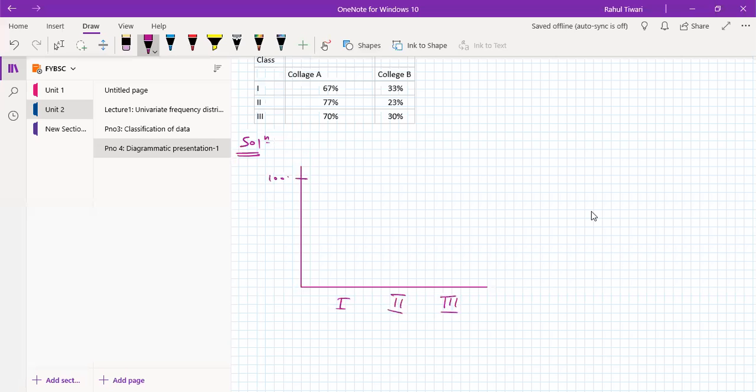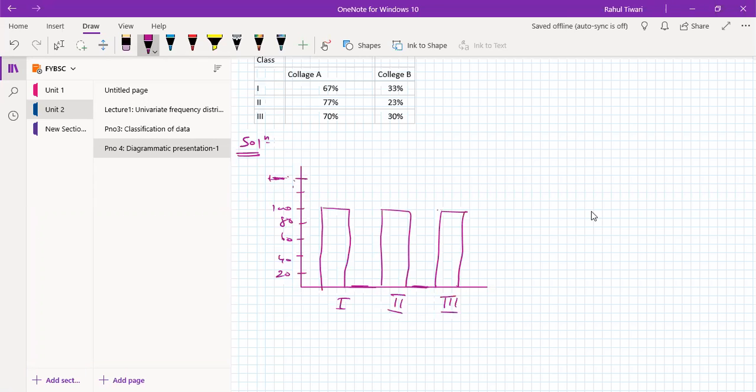I can say 10, I may say 20, 40 like that. You can go with 10, because 10 will become big, so you can take 20, 40, 60, 80 like that. You can take up to whatever number is coming. So let's say 100 is here. Everywhere the bar size will be same. Now distance between this and this must be same.